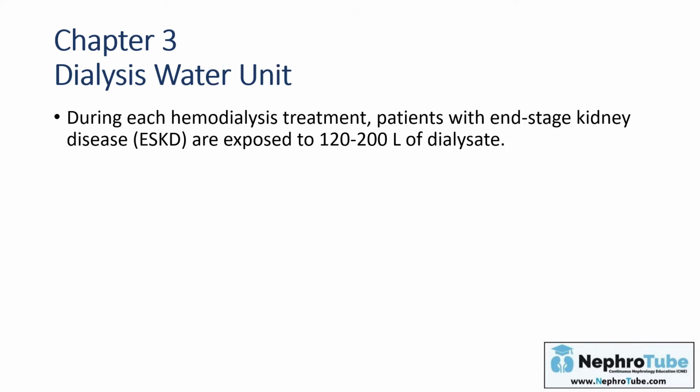We will talk about the dialysate itself in a coming lecture, but the dialysate in general is formed of water. So during each hemodialysis session, the patient is exposed to a very large amount of water, and most of this volume of water will be lost in the drain.